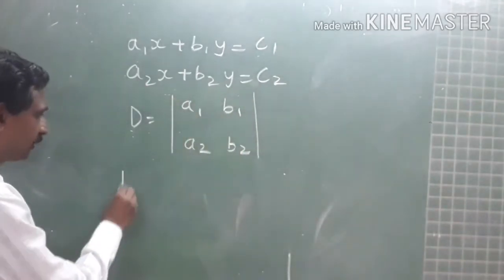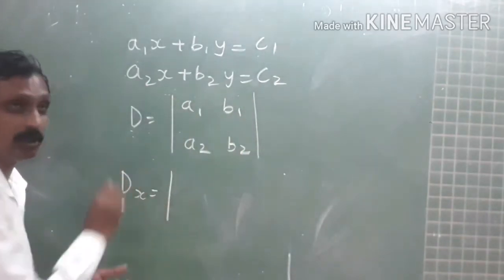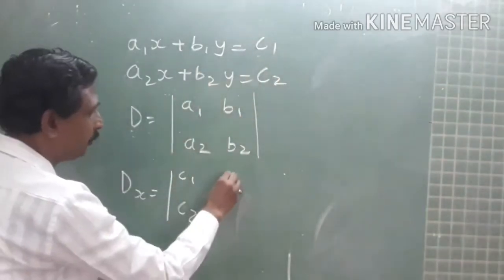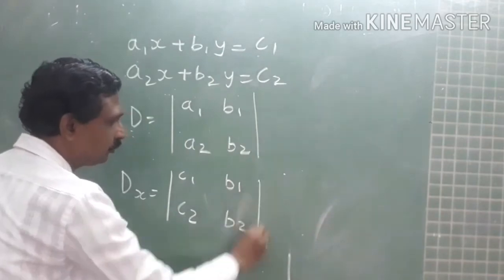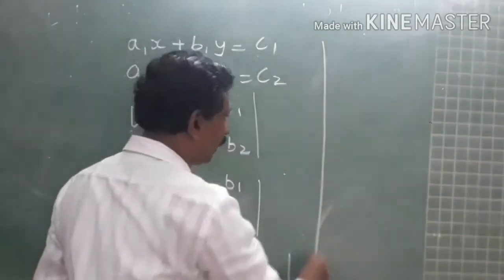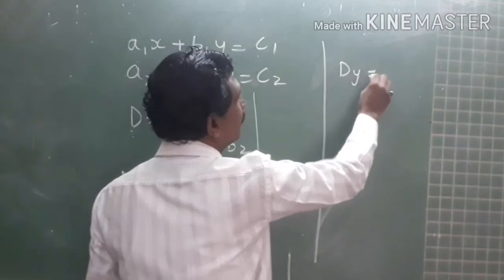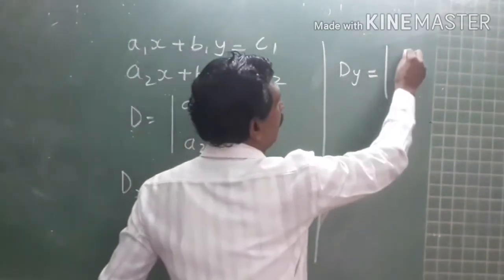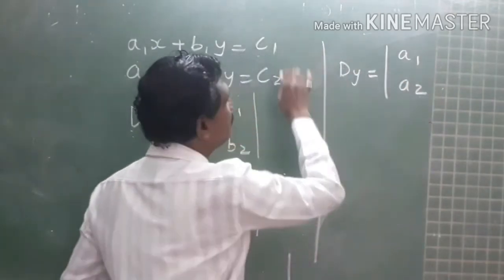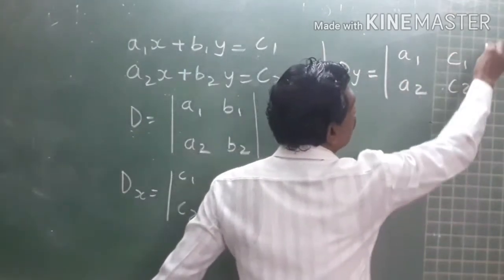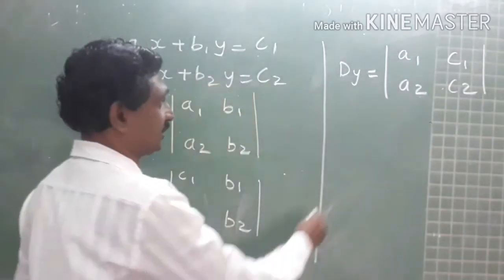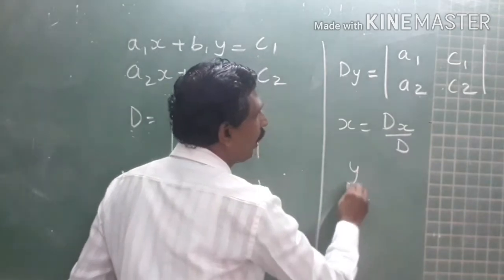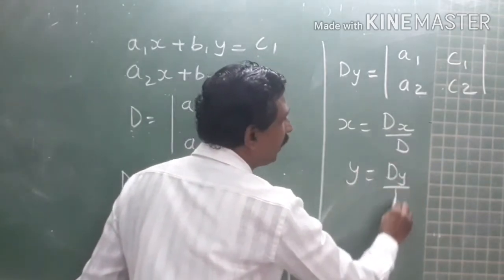D of x is equal to C1, C2, B1, B2. D of y is equal to, look at D of y. D of y is equal to A1, A2, C1, C2. x is equal to dx upon d, y is equal to dy upon d.